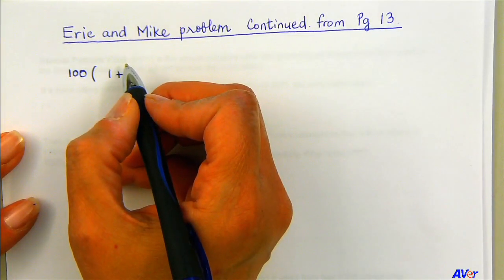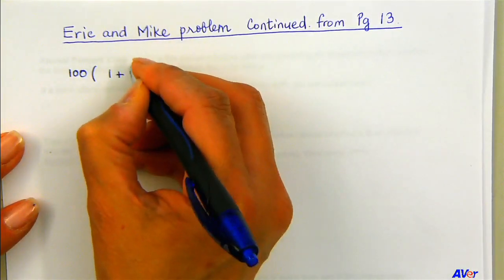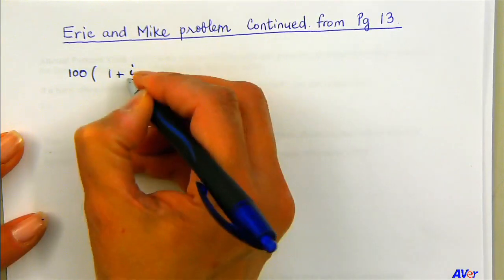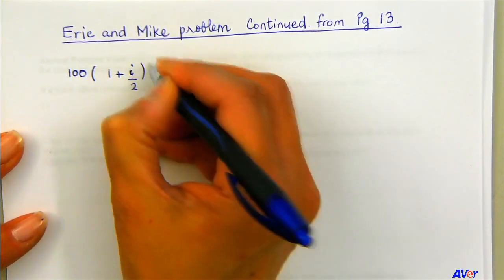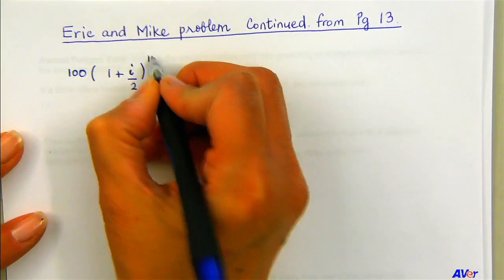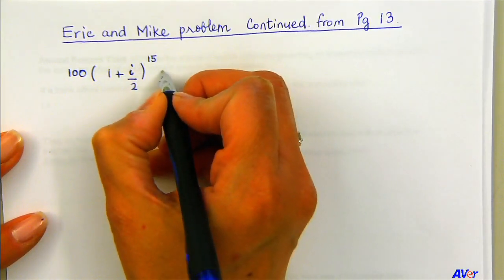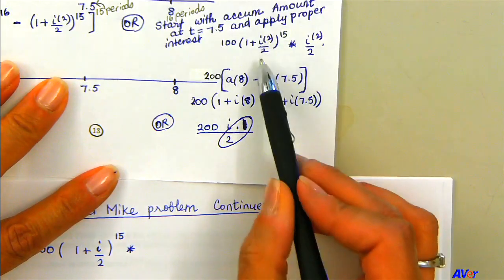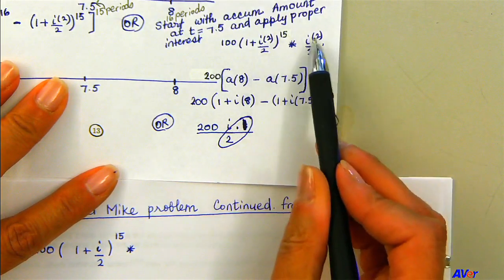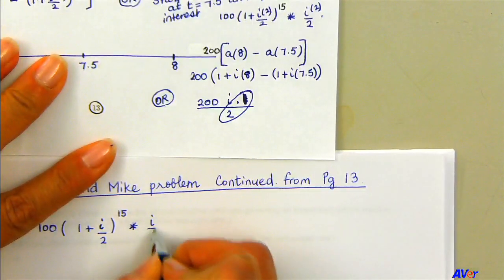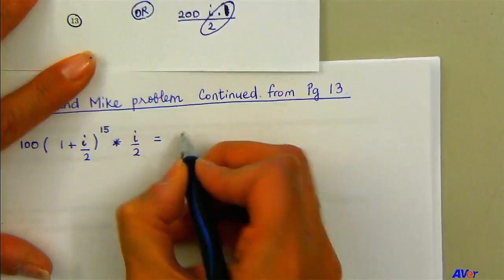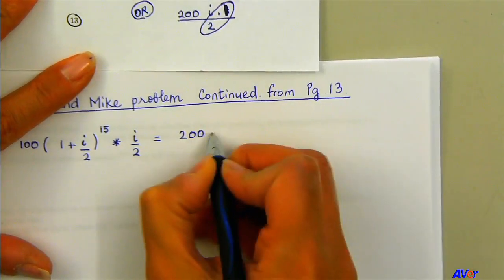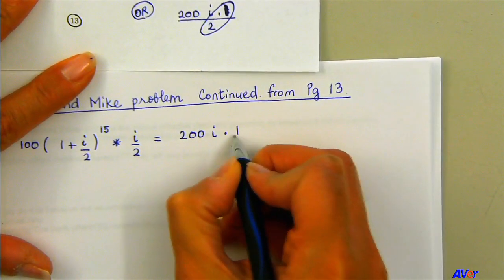Eric's I2 is being called I. So this is 1 plus I over 2 to the 15th, times, I'm taking this from here, times I over 2, equals 200 times I times 1 over 2.